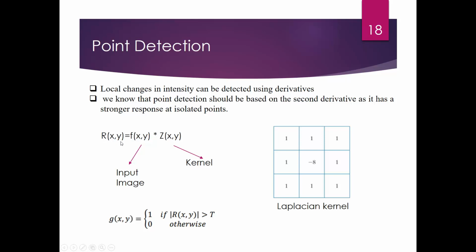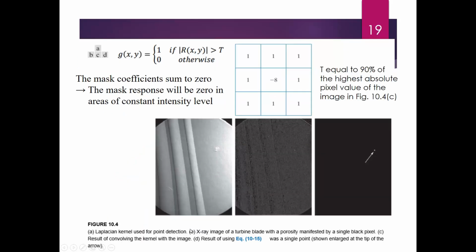If we put a thresholding condition, then the output image g of x comma y is equal to 1 if the absolute value of r of x comma y is greater than T, else it is 0. Now you can see in this figure, A represents the Laplacian kernel and figure B represents an X-ray image of a turbine blade with a porosity manifested by a single black pixel.